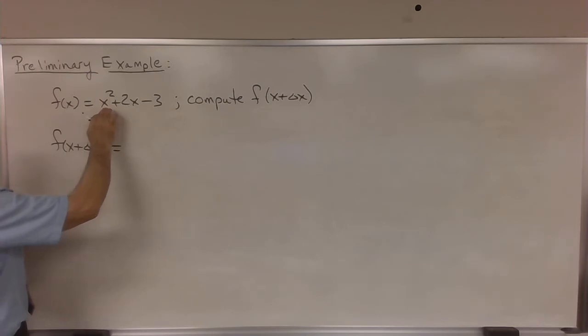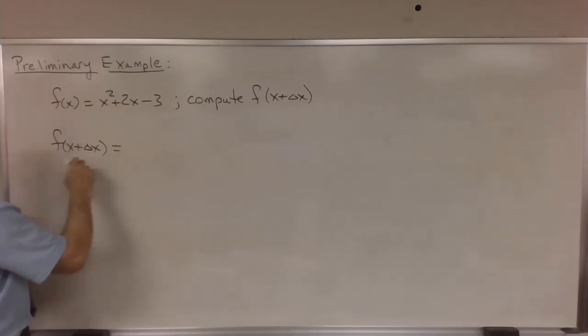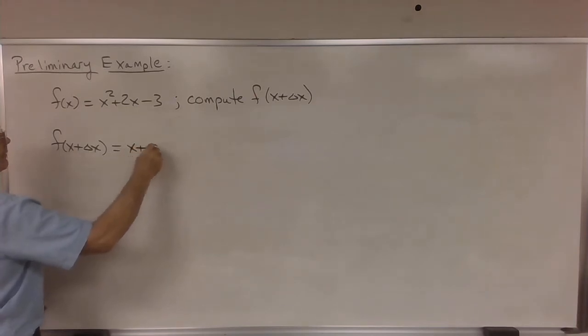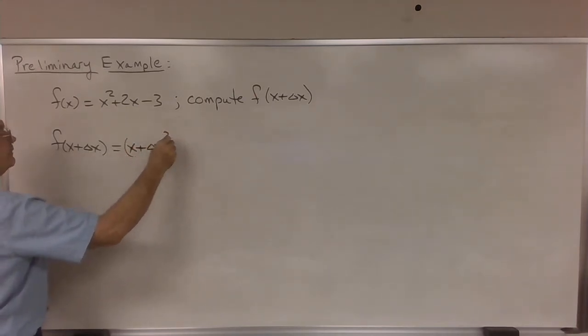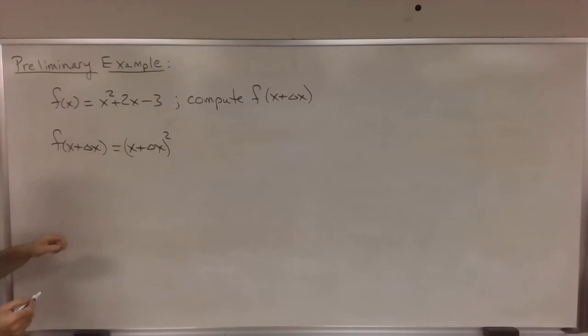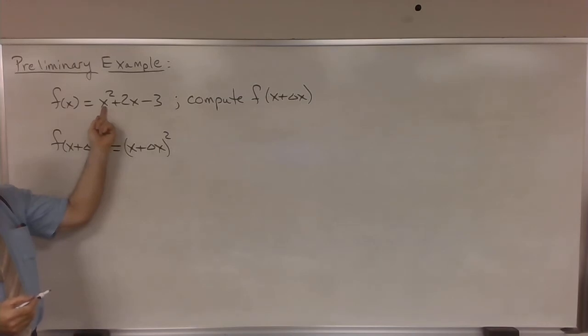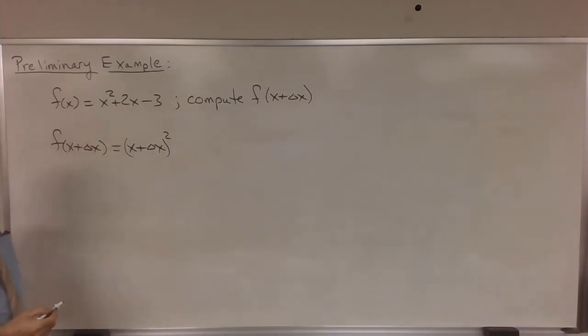Okay, I see an x up here, x squared. I'm going to put x plus delta x down here. x plus delta x squared. See? x plus delta x plays the role down here that x plays up here in our model.